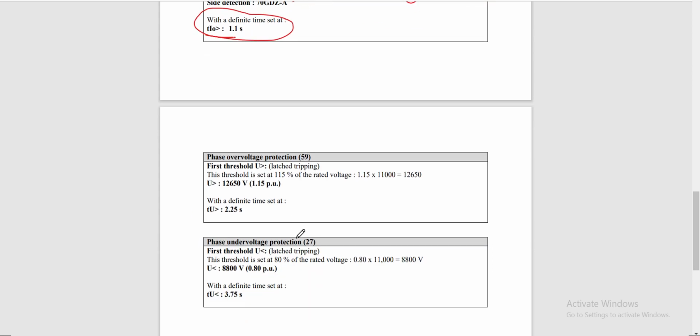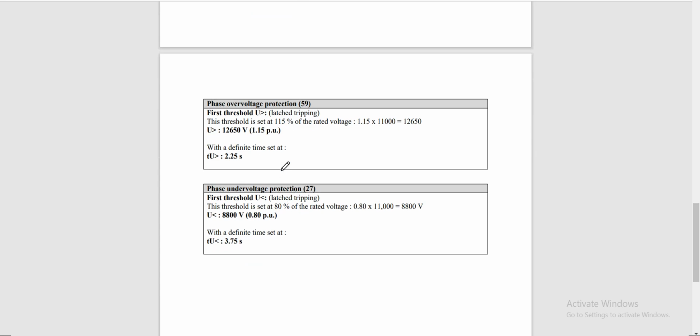Next relay will be for our phase over voltage and phase under voltage protection. On our phase over voltage protection, this is the same setting for the entire power system. For the over voltage protection, our threshold here is being set at 100% of the rated voltage, which is 11 kV.